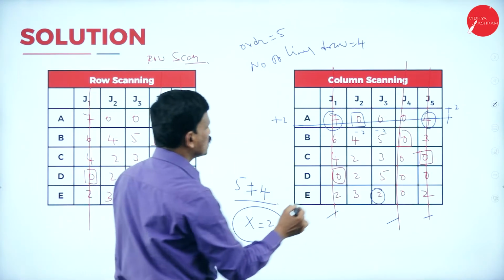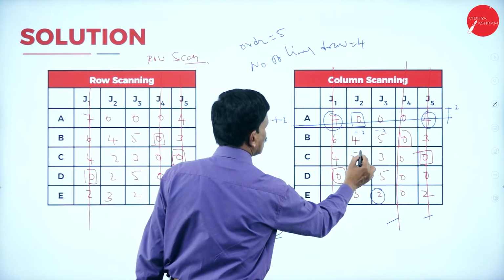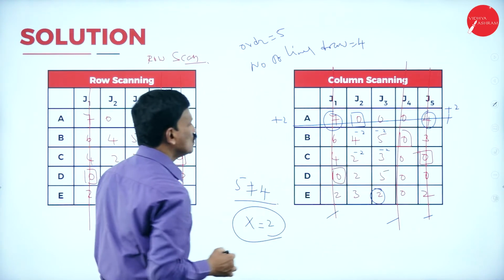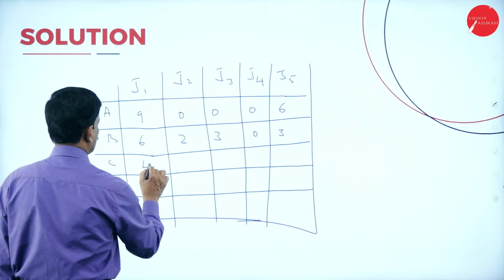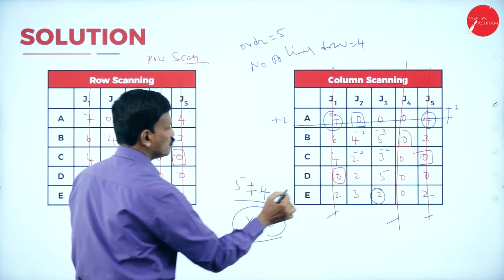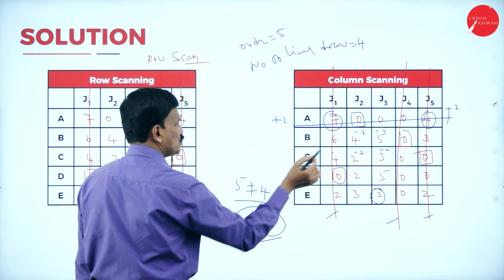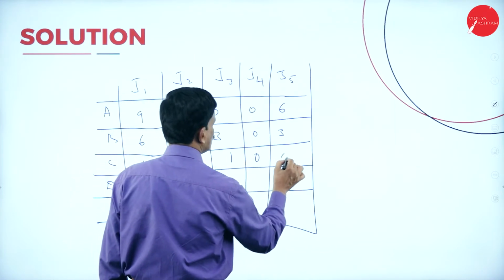Now let's come to this. 4 as it is, you can subtract 2 here. So 4, 2 minus 2 is 0, 4, 0, 3 minus 2 is 1, 0, 0, 1, 0, 0.